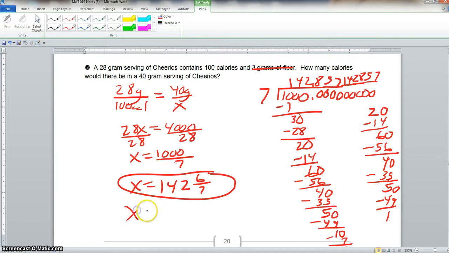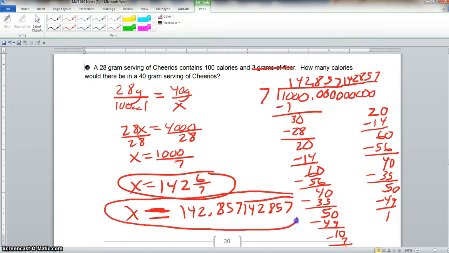So this also has, well, it's actually a full answer of x is equal to 142.857, and this 142857 repeats.